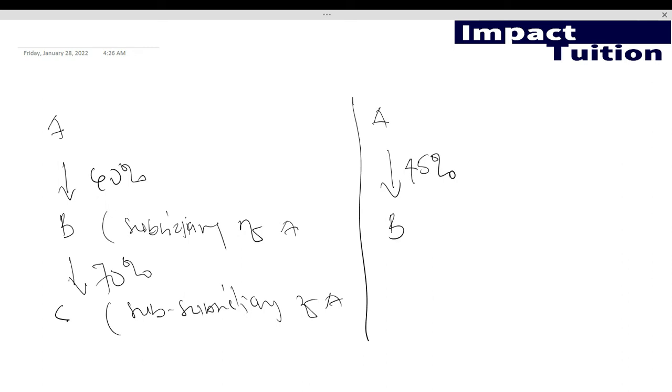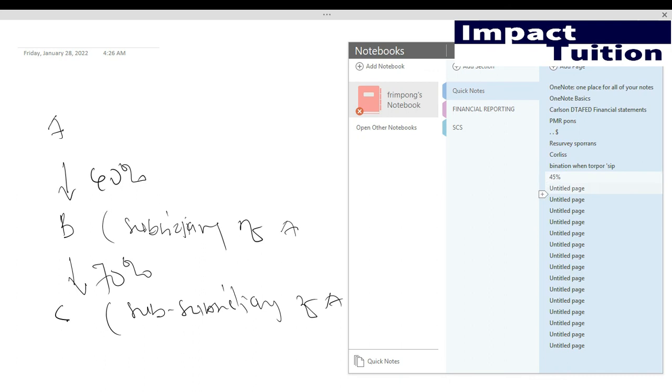There are other situations where A owns less than 50%, but it has an agreement with other shareholders which allows it to exercise control. We are still discussing situations where control exists.